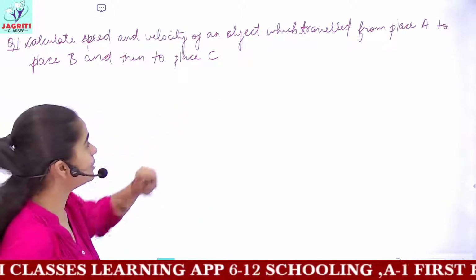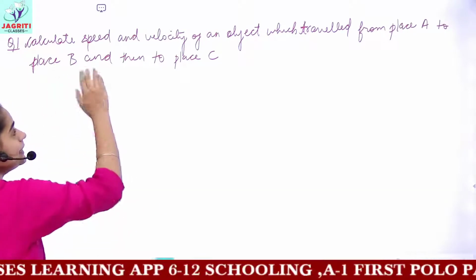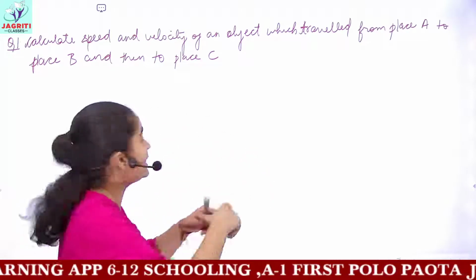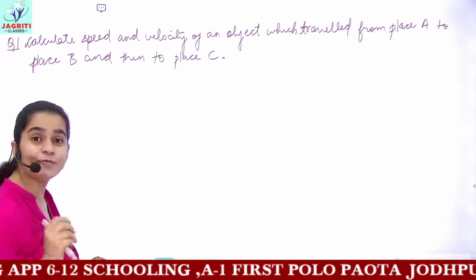That is, first it traveled from place A to place B and then it traveled from place B to the place C. That was its final place or final position.